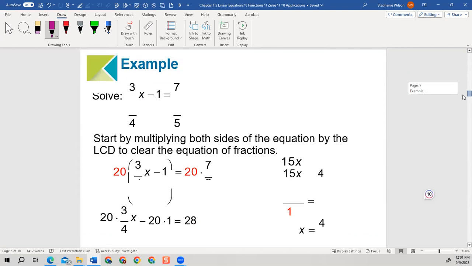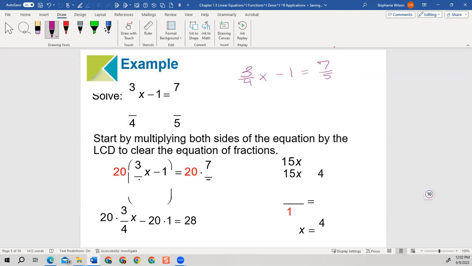So here we go. It says solve this equation: 3/4 x minus 1 is equal to 7/5. We notice that we have fractions and we have addition and subtraction going on.